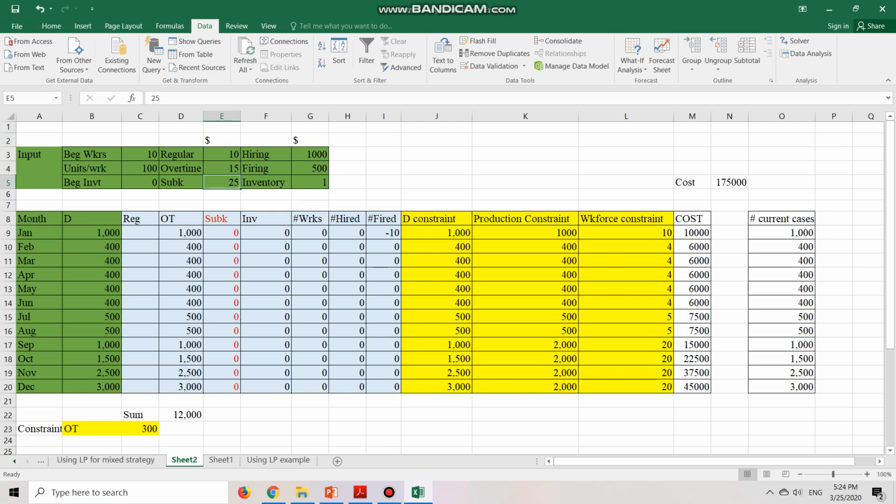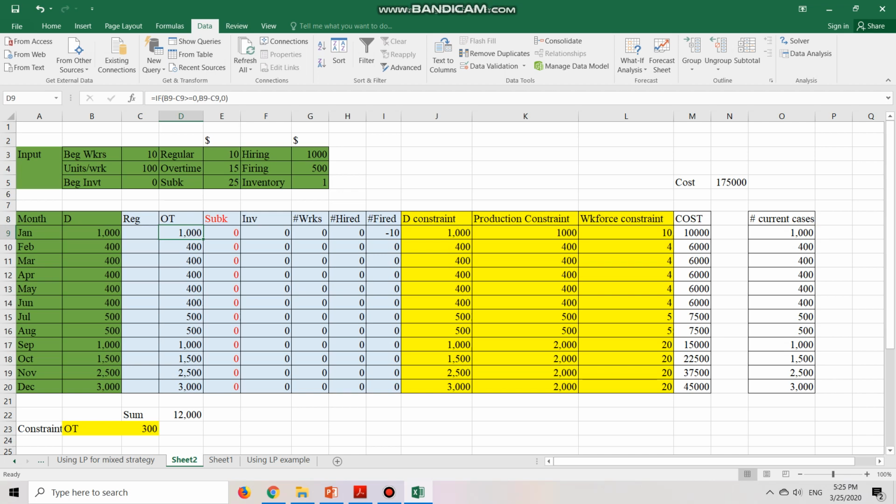So we will put priority that if we do regular production and there is not enough product to sell to the customer, we will do overtime. And if regular production and overtime are still not enough, we will decide to do subcontracting. So the priority will be regular production, then overtime, and after that subcontracting. So we will have this column.